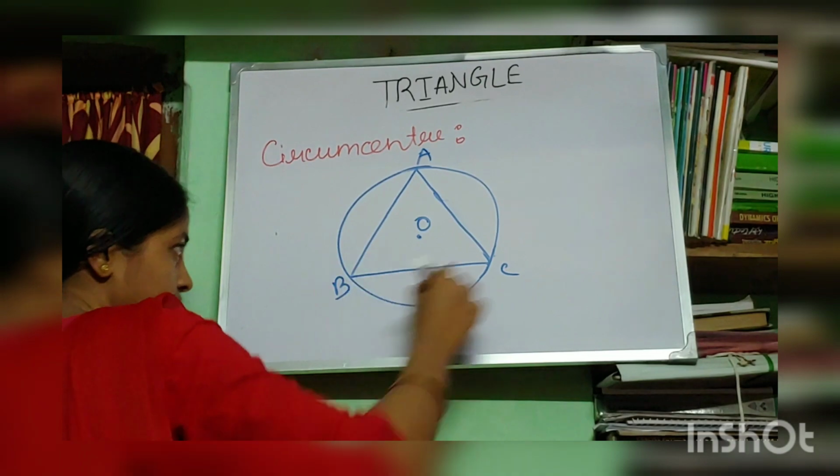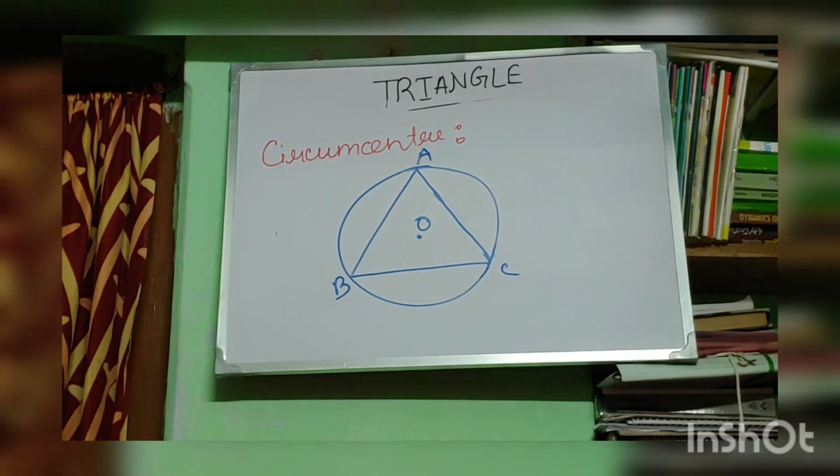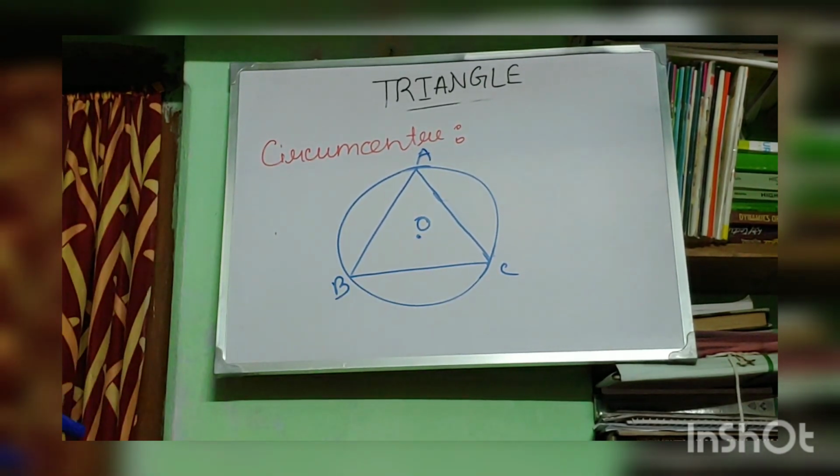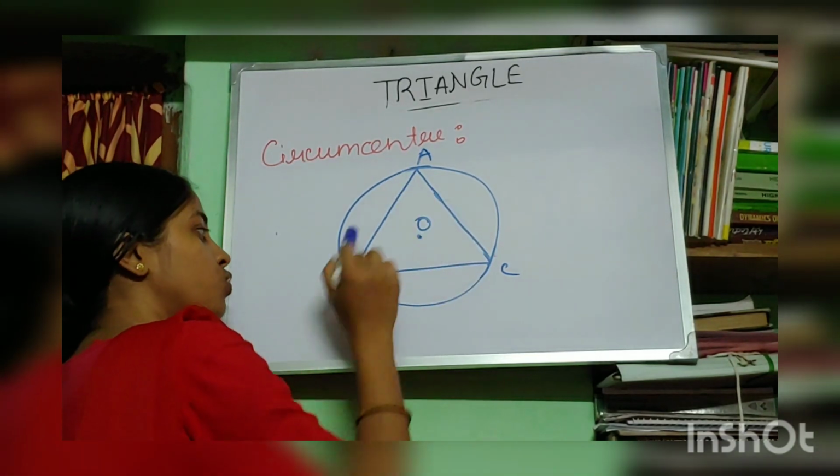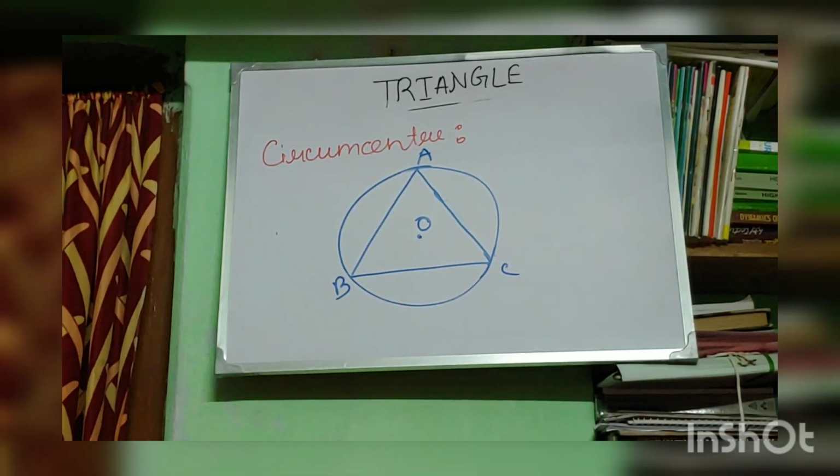O is the center of this circle, so O will be called the circumcenter. Why? Because the circle centered at the circumcenter passes through all the vertices of the triangle.